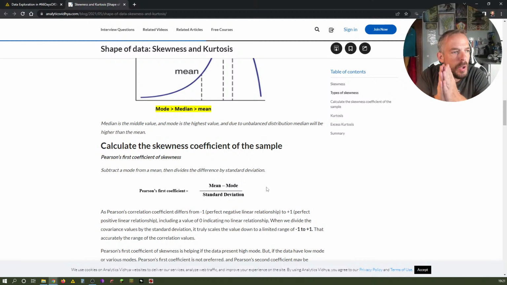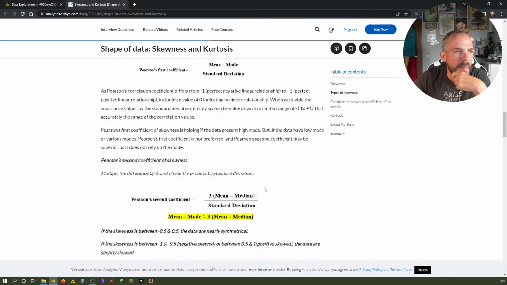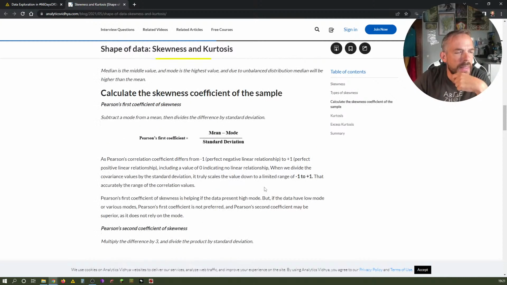So if you want to talk about calculating skewness, you have basically several methods, so to say. For the first coefficient, you subtract mode from mean and divide that result by standard deviation.